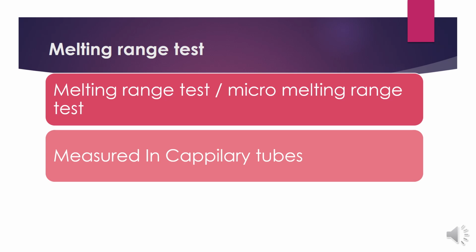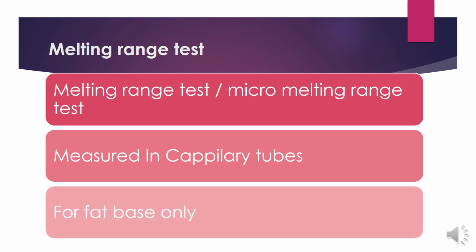But this micro melting range test is applied only for fat bases. Normally this test is applied for fat bases, not for the others. Usually for suppositories we check the macro melting range test for their evaluation.